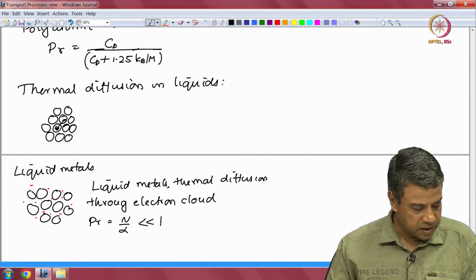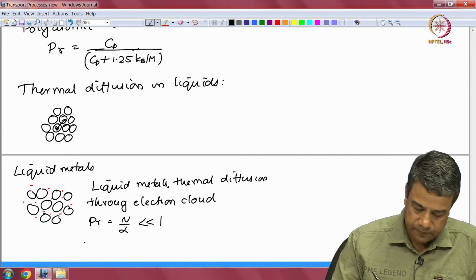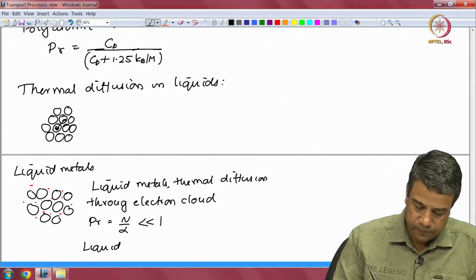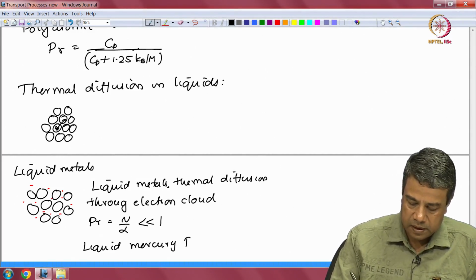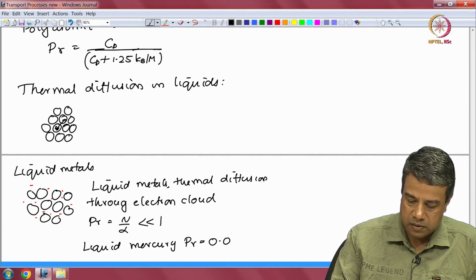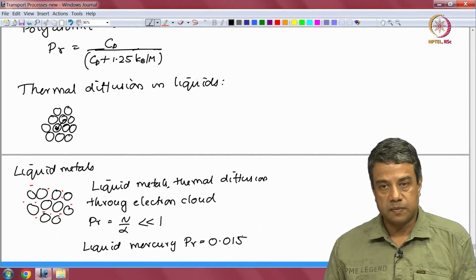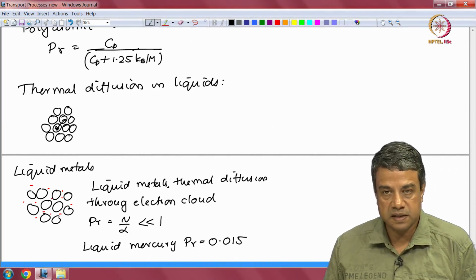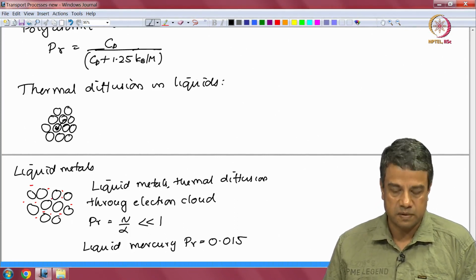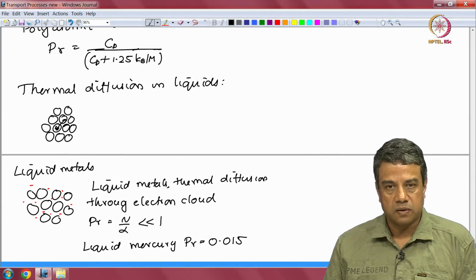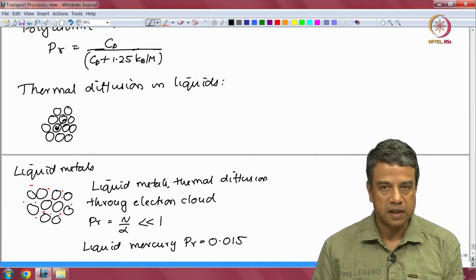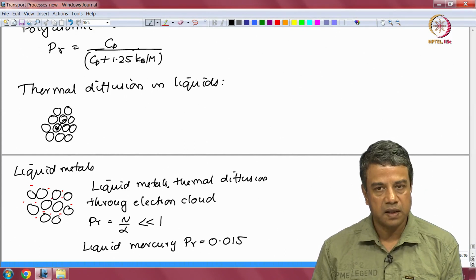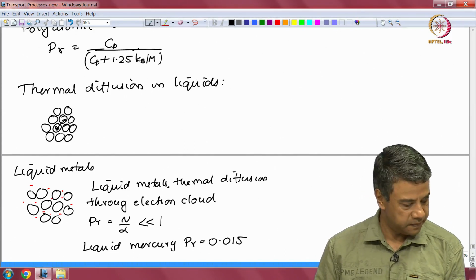For example, for liquid mercury, the Prandtl number is equal to 0.015, which means that thermal diffusion is approximately 60 times faster than mass diffusion. So, it depends upon the mechanism of diffusion. The mechanism of diffusion matters in the case of thermal diffusion. In the case of liquid metals, the thermal diffusion is much faster.